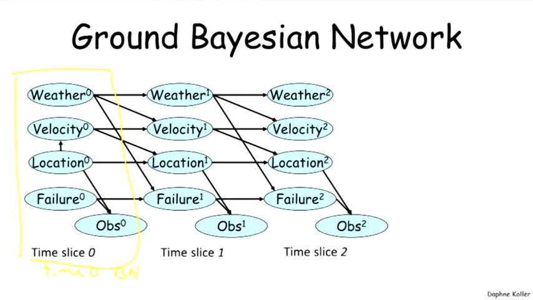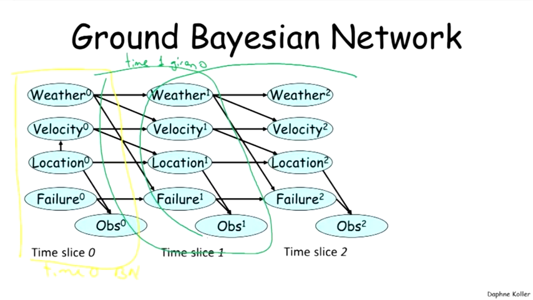And now we have a bunch of copies that represent the probability distribution at time 1 given time 0. And here we have another copy of exactly the same set of parameters that represents time 2 given time 1. And we can continue copying this indefinitely, and each copy gives us the probability distribution of the next time slice given the one that we just had, and so we can construct arbitrarily long Bayesian networks.